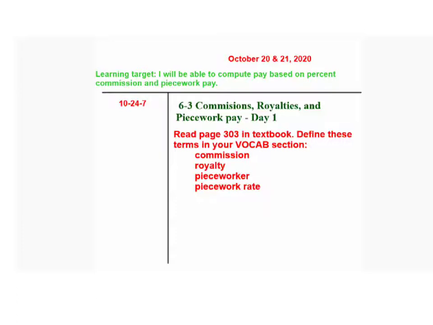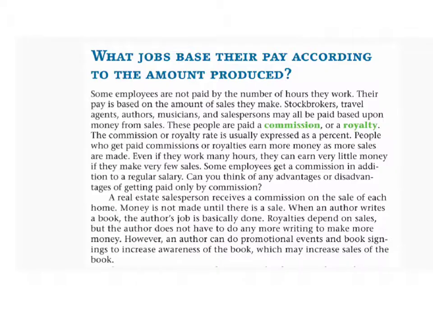All right, I want you to read page 303 in your textbook and define these terms. You already have commission and royalty down. Pieceworker and piecework rate. These words are highlighted in the reading, and I'm sure you'll be happy with the definition. Here are the first 2 paragraphs of the first page of our reading.